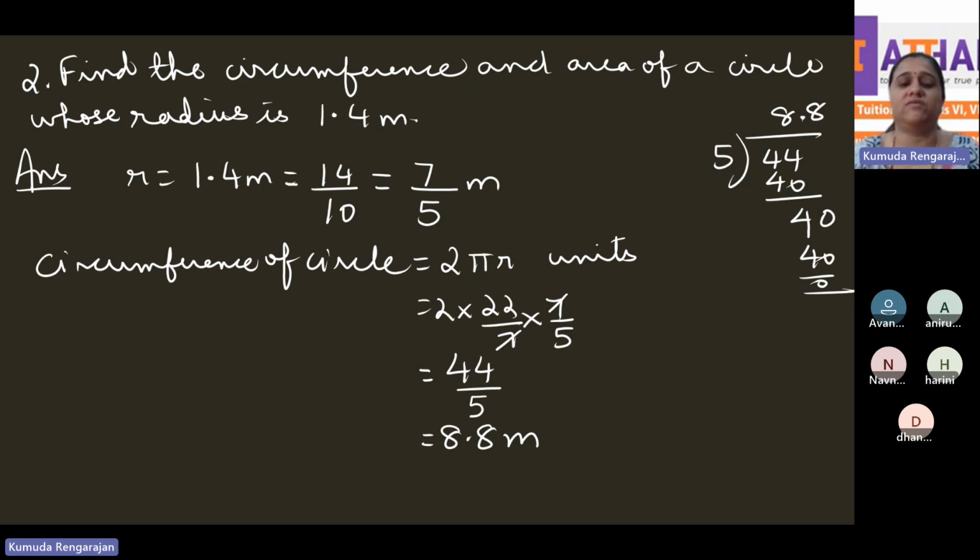That is equal to 22 by 7 into 7 by 5 into 7 by 5, ma'am. Very good. Then is equal to 22 into 7 by 25, is equal to 154 by 25, which is equal to 6.16 meter, ma'am. That is the area of the circle, ma'am.